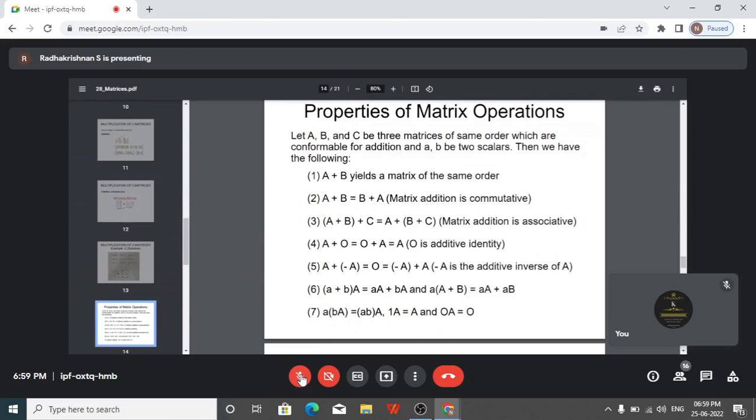Multiplying all the terms of the matrix by 5 is the same as multiplying all terms by 2, then by 3, and adding the corresponding terms. It will be the same. Normally this operation, aA plus bA equals (a plus b) into A, is commonly applicable, and in the matrix it applies the same way.